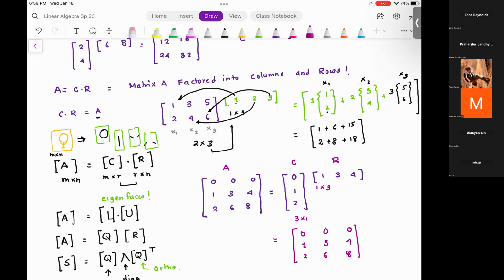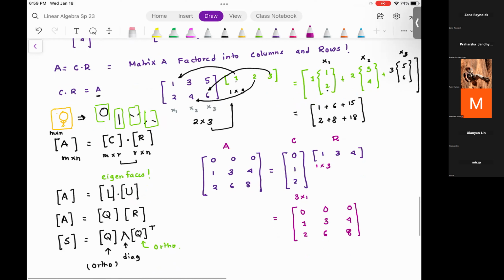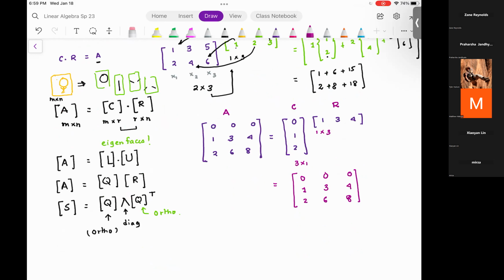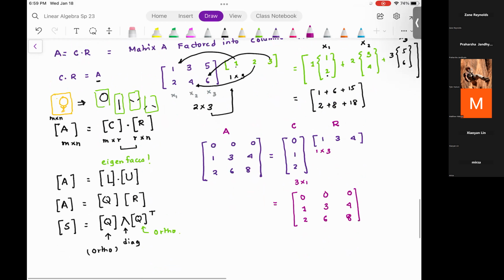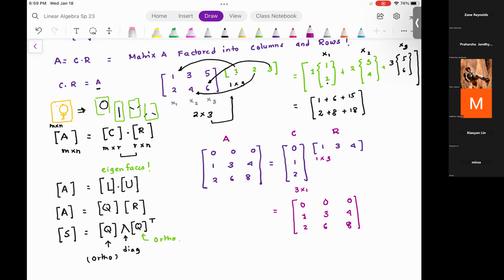I would encourage you to try doing this in MATLAB. If you look at this matrix, this is again the column vector weighted by those independent bases.